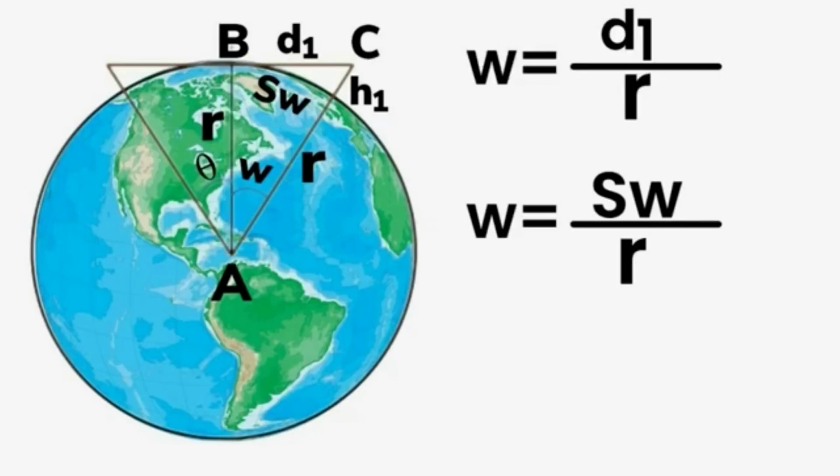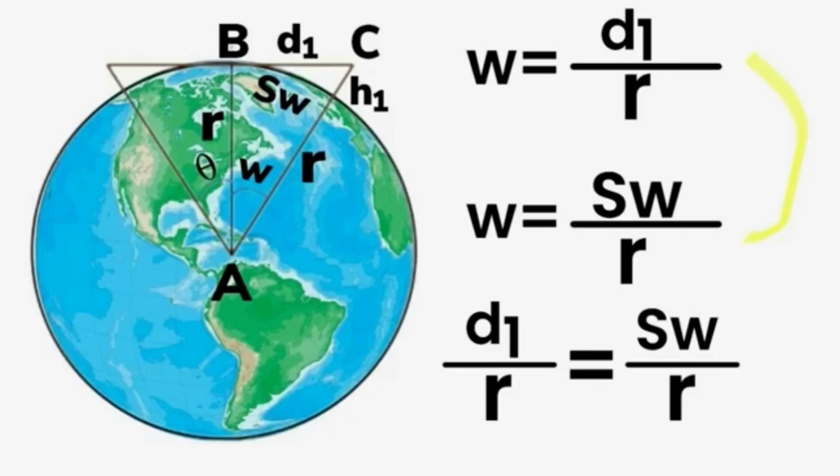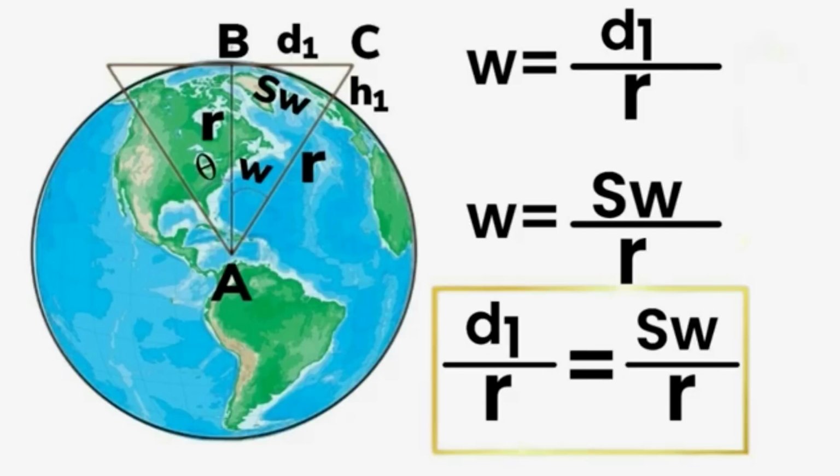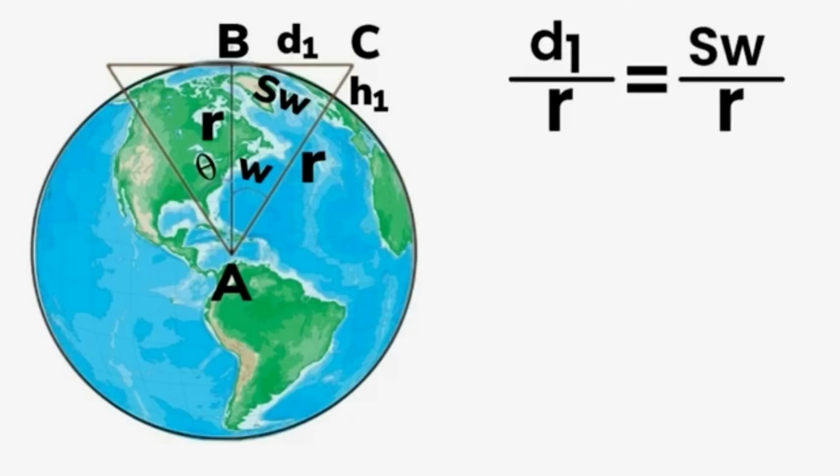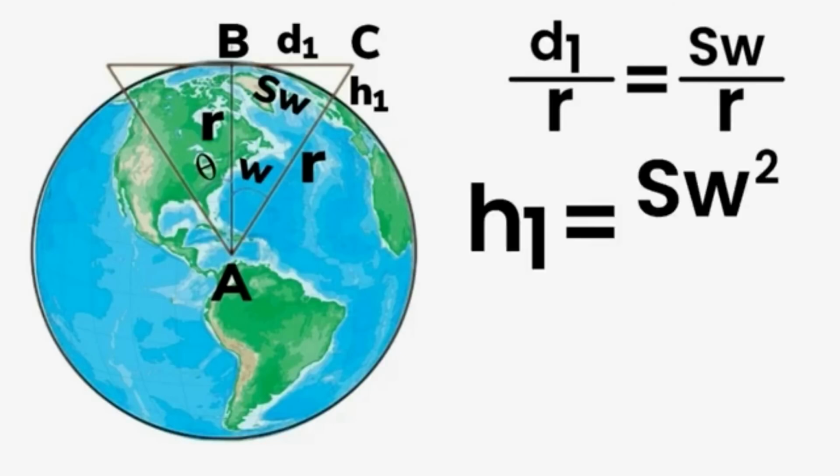Comparing the two, we have d1 over radius equals SW over radius. Now that we know d1 and SW are the same, and we are solving for h1, it can be written out as h1 equals SW squared over 2 times the radius.